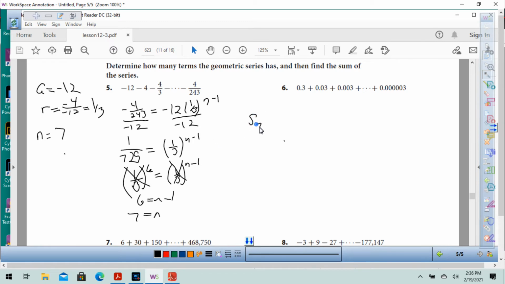So S sub 7 equals negative 12 times 1 minus 1/3 to the 7th power over 1 minus 1/3. And if you put that in your calculator, you're going to get negative 4,372 over 243. All right. Not a problem.